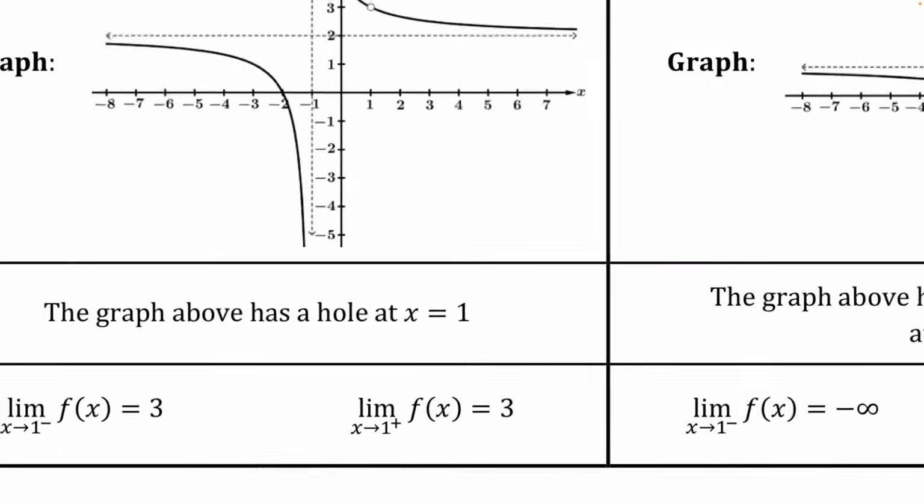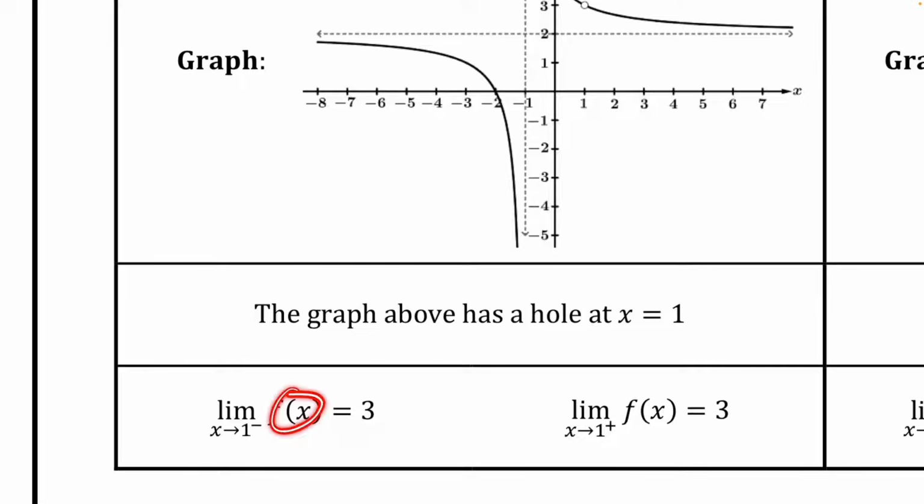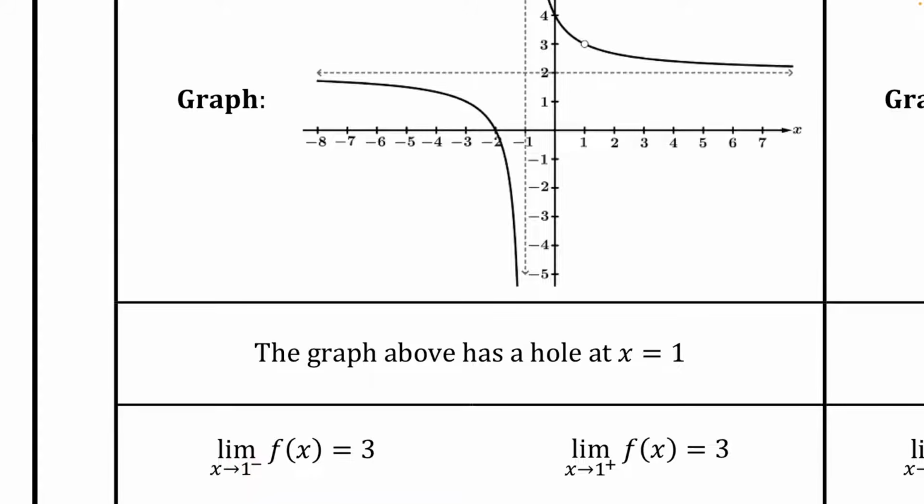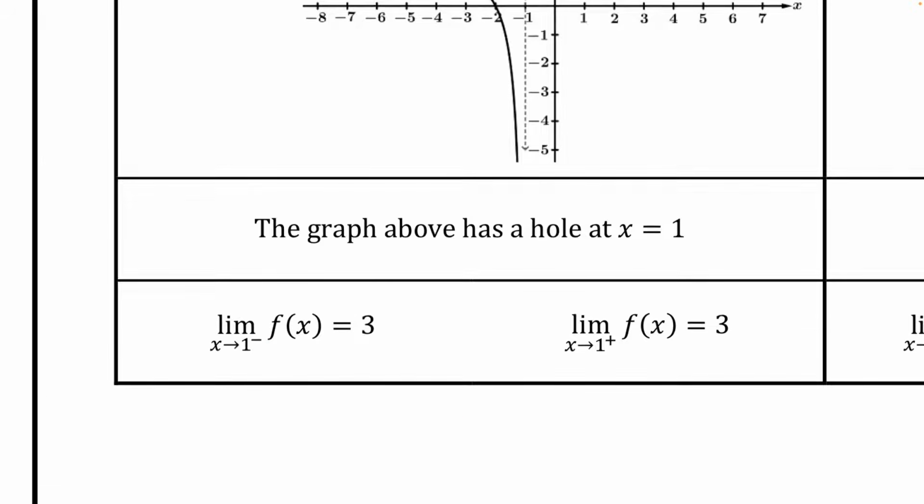Yep, I don't know what it's saying here. As I approach 1, what's happening? As I get closer and closer to 1, what do I approach for the height? I don't know if you guys have seen this limit notation before. If this is raised to the power of a negative sign, this is really saying, and I'll write it in words like you will also write in your notes, as x goes to 1 from the left.